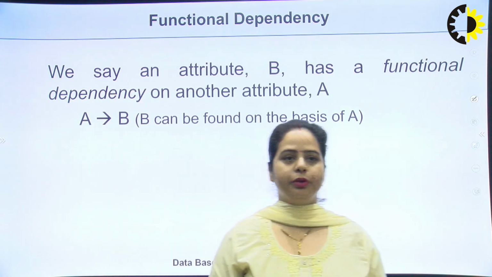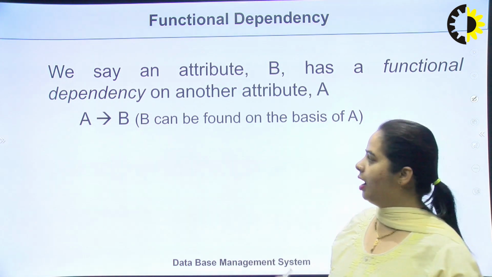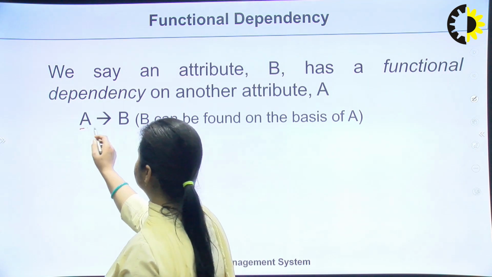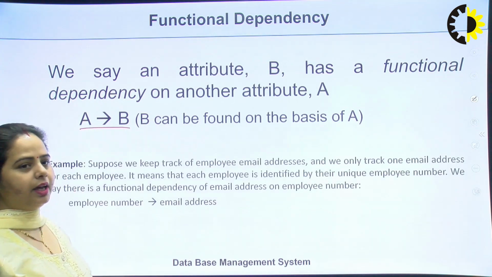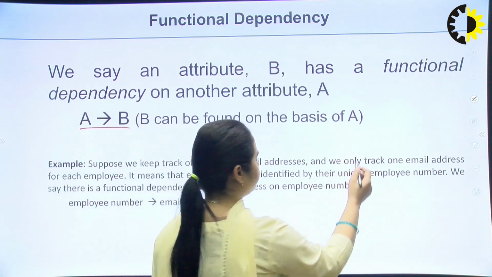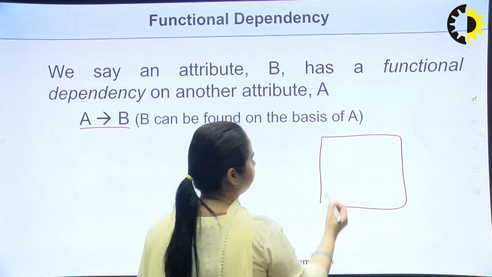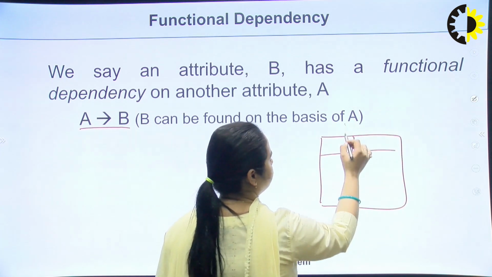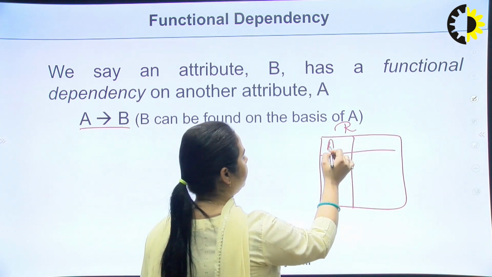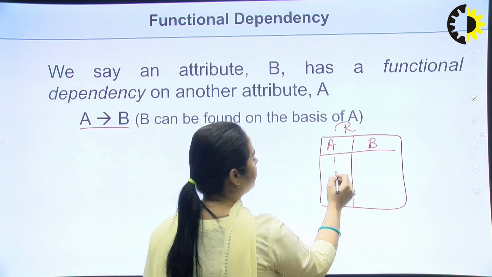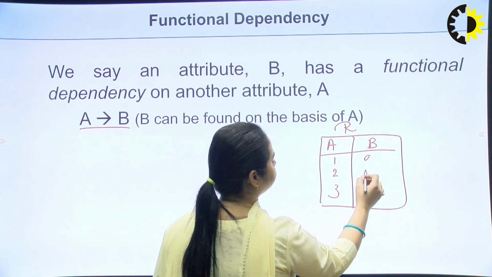We say an attribute B has a functional dependency on another attribute A, and this can be written as this. Let's understand this with the help of an example. Suppose we have a table, and the name of this relation is R. We have two attributes, A and B. We have some values here and other values here.